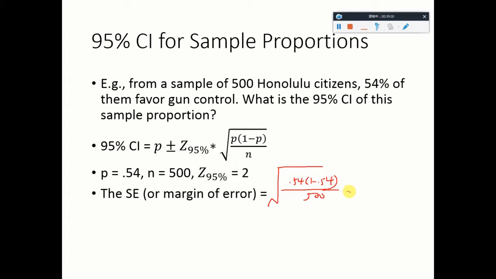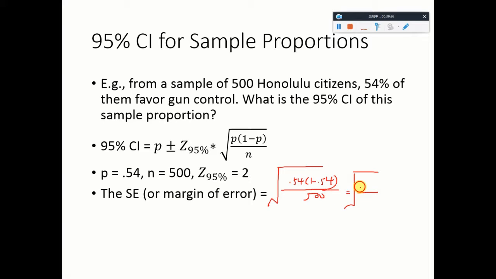Okay, so we can calculate this together. It will be 0.54 times 0.46.